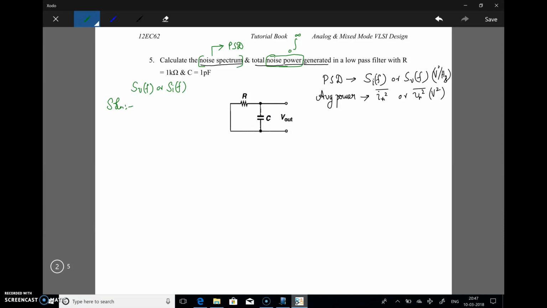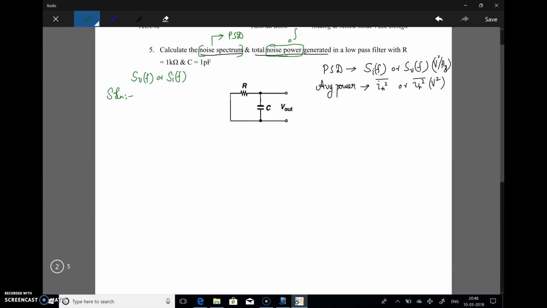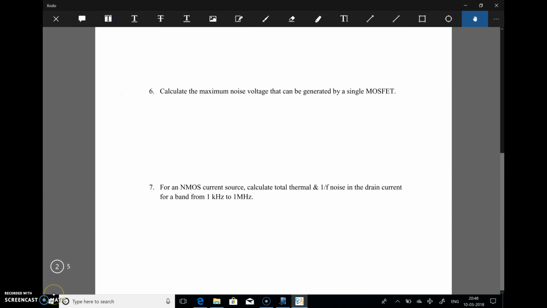Now the sixth question is to calculate the maximum noise voltage that can be generated by a single MOSFET.